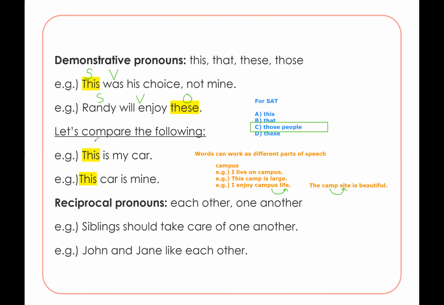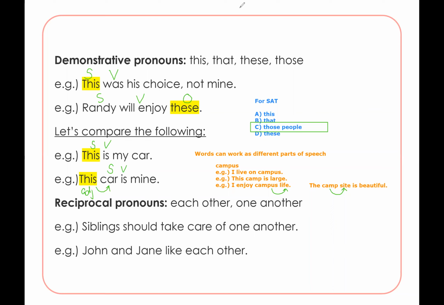So this is my car. In this case, you can see, all right, the subject is followed by a verb. But in the second sentence, this car is mine. Car is your noun. That is the subject. Is the verb, right? So in the second example, this is an adjective function that modifies car.